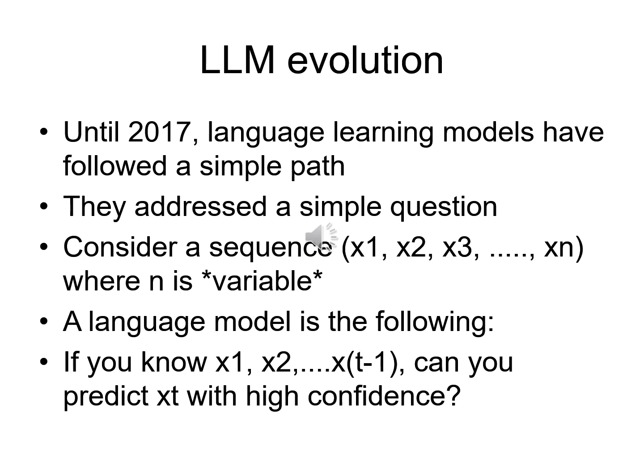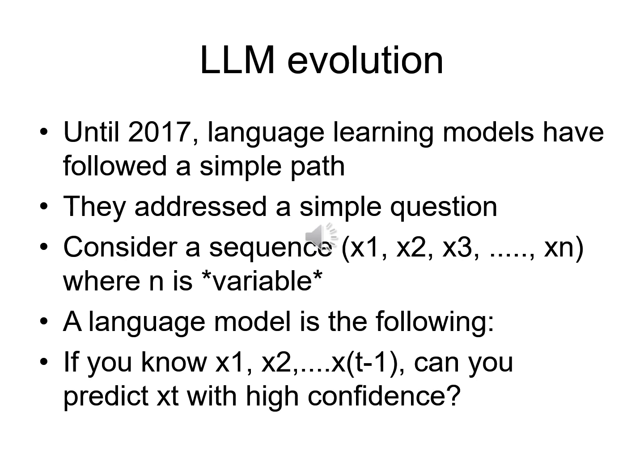Now, all these large language models up until 2017 followed a relatively simple path. They addressed a simple question, and that is the following. Consider a sequence x1, x2, xn, where n is the dimension of the vector. However, the value of n is variable, which is a key thing to remember.